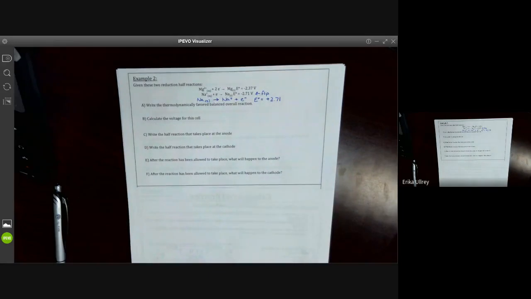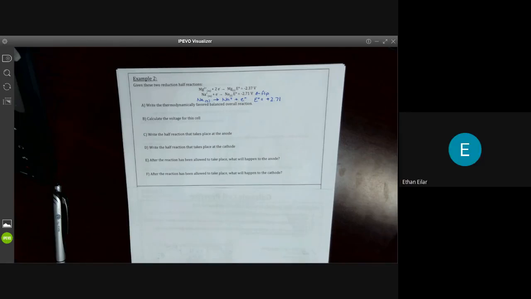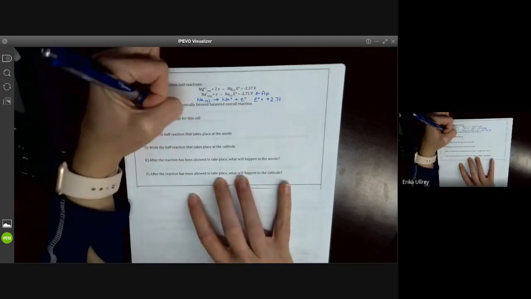So what would be the thermodynamically favored balanced overall equation for this? What would we end up with for our overall balanced equation? Ethan, what would we get? Okay.